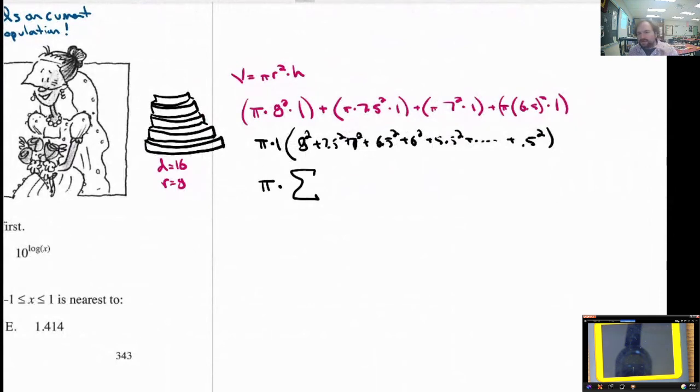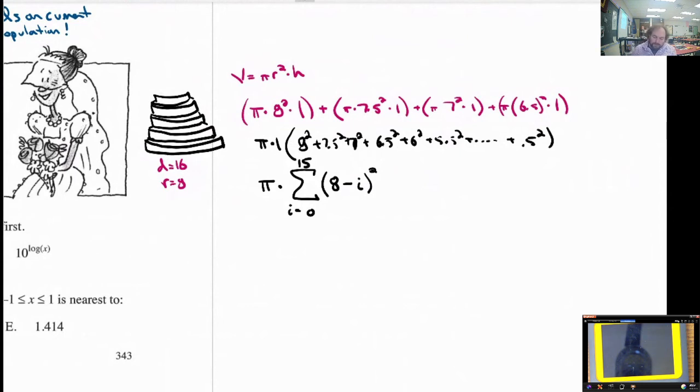Now we're going to have 16 layers to this cake. So we're going to go from i equals, you could do i equals 1 to 16, but we're going to go from 0 to 15 here. Really just got to think about each one of these layers. And each layer is going to start with the original 8-inch radius and subtract whatever i you're currently on, and then square that. I think that's how this is going to work.